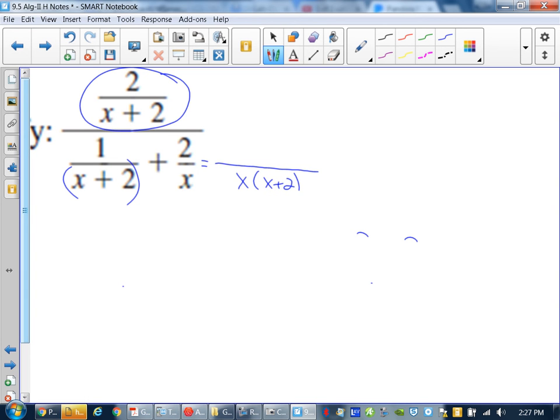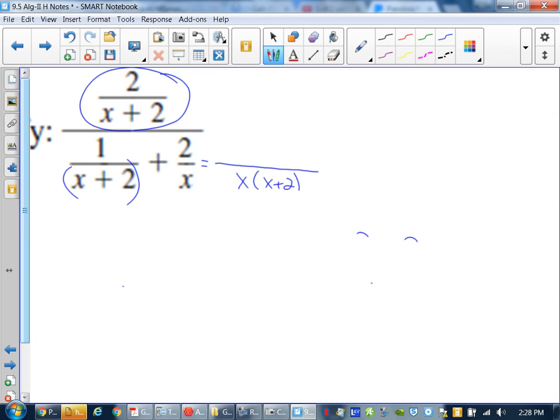Remember, this is its own term. It's not going to be written in parentheses, but you can go ahead and write it as parentheses if it helps. So that becomes your common denominator, x times x plus 2, or x plus 2 times x. That's going to be our least common denominator.